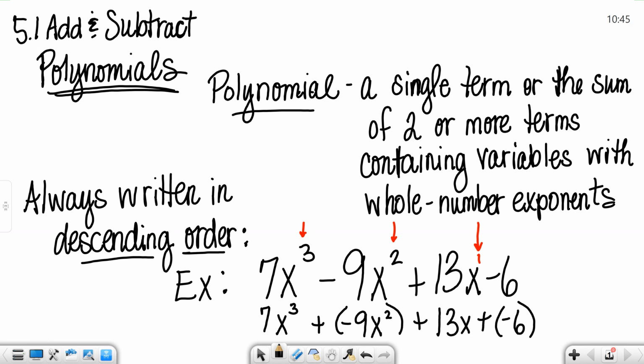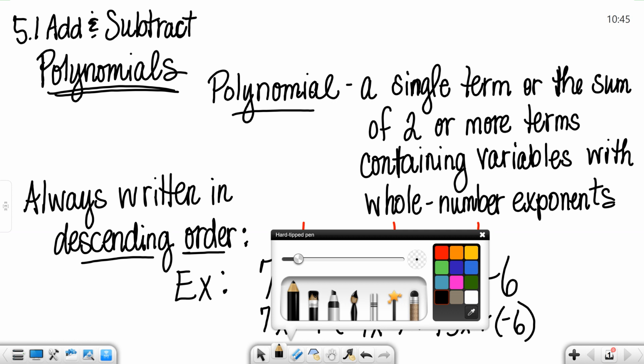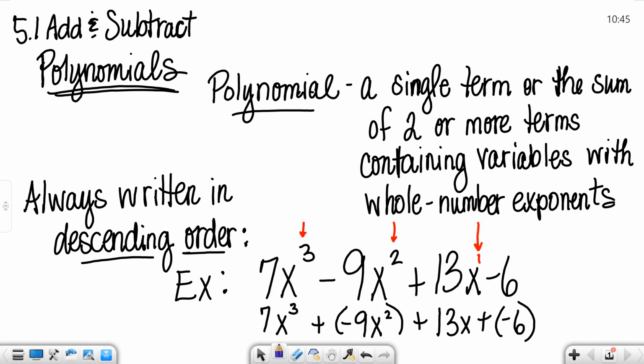I particularly do not usually do this because I don't like to see two signs directly beside each other, a minus and a plus. I always turn those into what the original equation says. But for the sake of where we're headed, I just wanted to point this out. When you think of this second term here, it is a negative 9x squared.